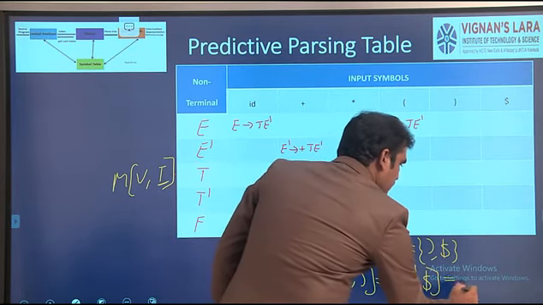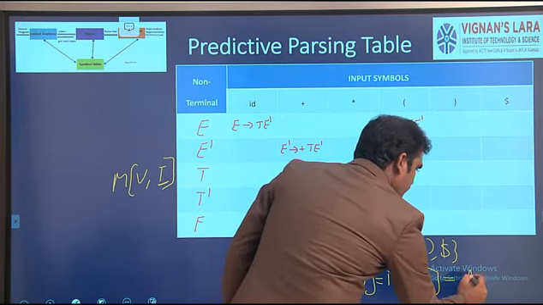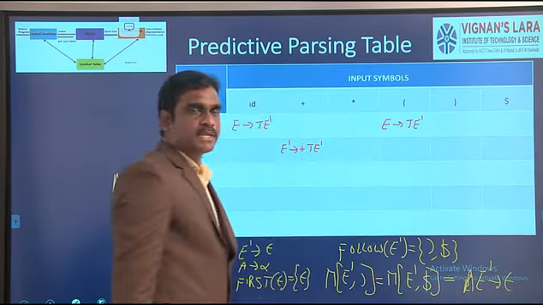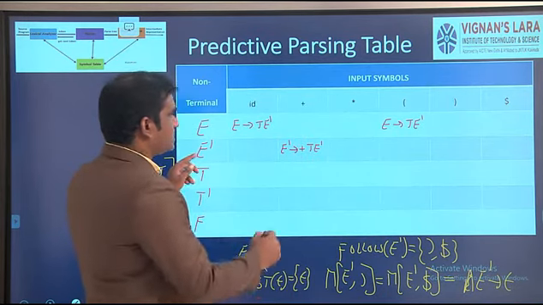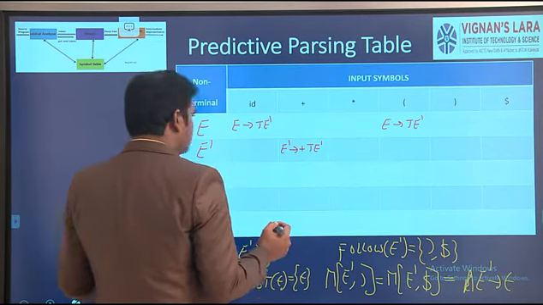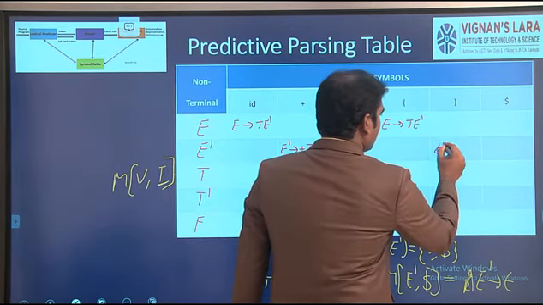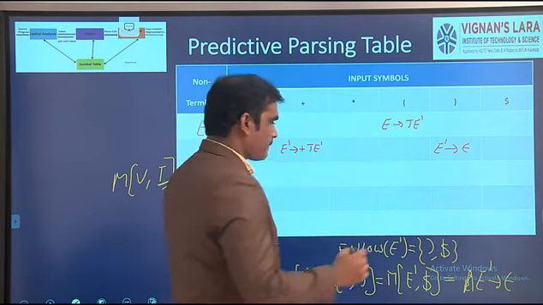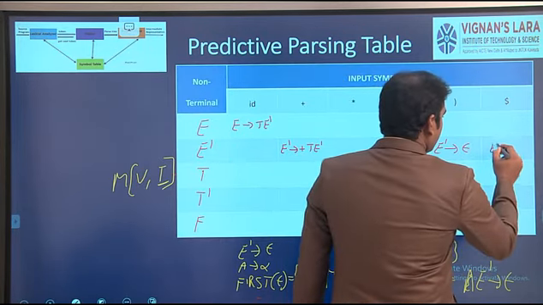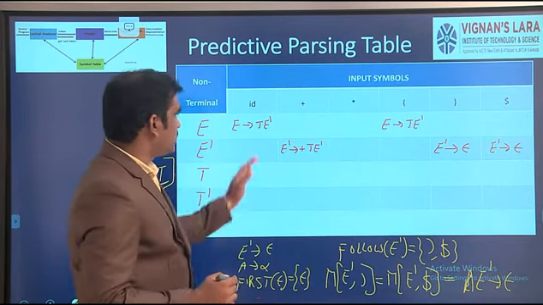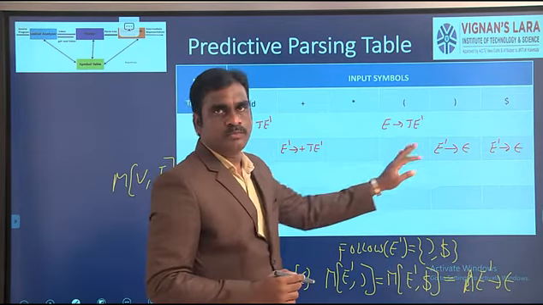So these two fields are filled with E dash to epsilon. Okay, this is rule 1 and this is rule 2.